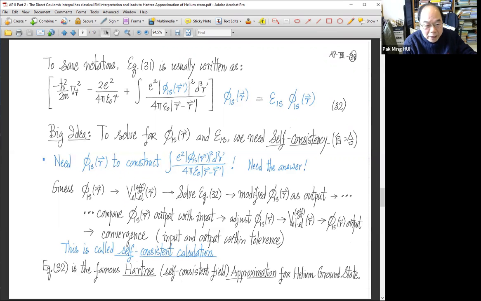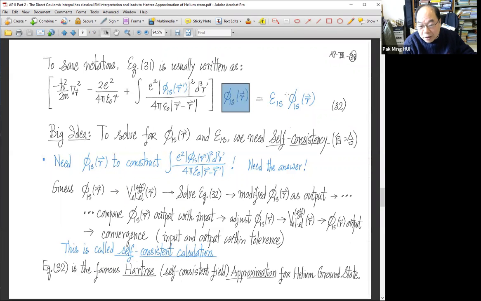But at this point, there is a big idea here. In order to solve this equation, there is one troublesome situation. We want to solve the unknown phi1s. This is the trial wave function. I skip all the superscripts for simplicity.